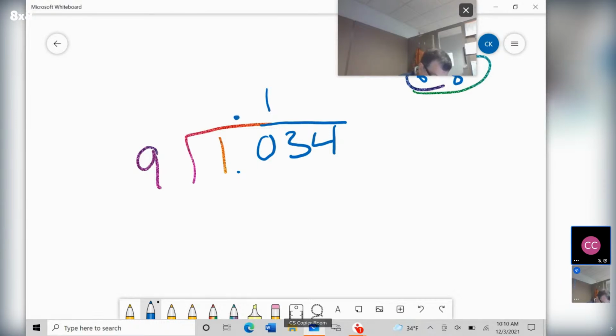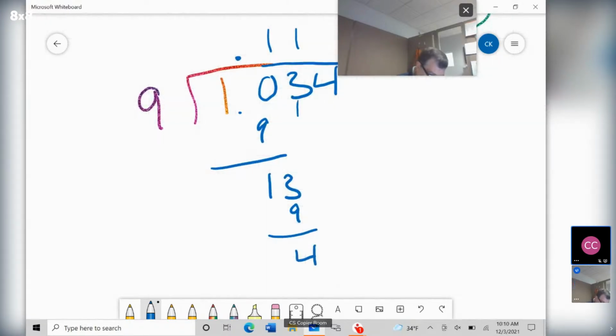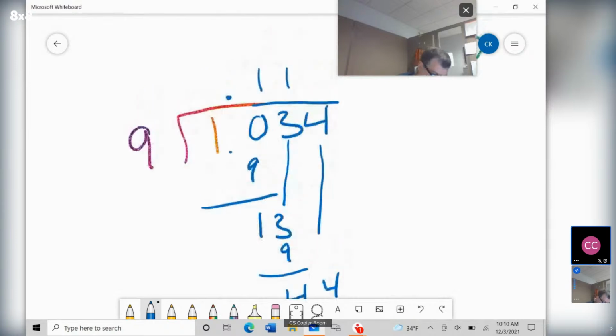Remember, it's point, so it's 0.1. 9 goes in there 1 time. 1 times 9 is 9. Bring the 4 down. We brought this 3 down. Now we bring the 4 down, and it's 5. So we did 3 spots. So the rounding to the nearest whole number.